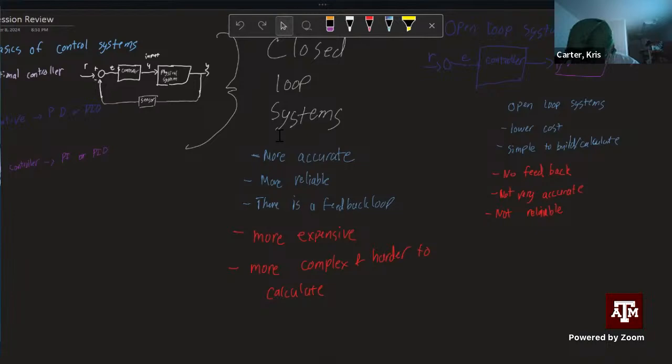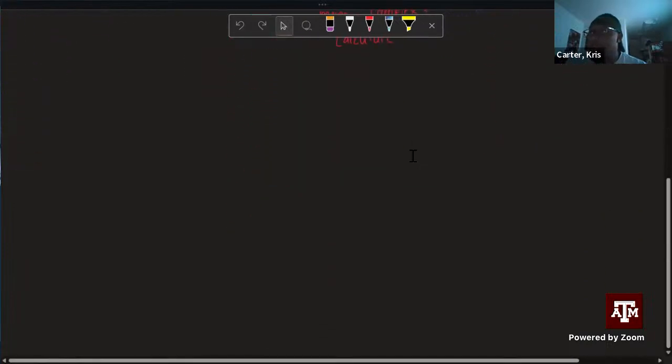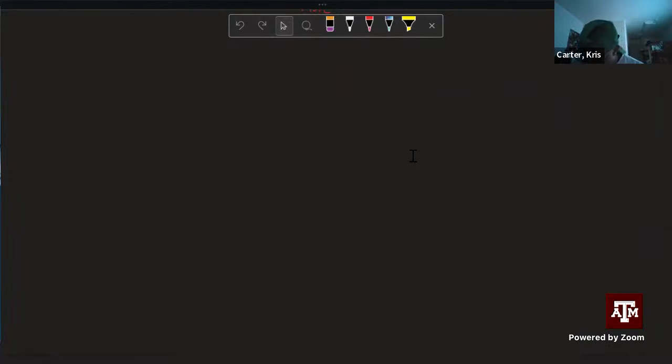Okay, so the example that we were given in class that I will try to replicate here, so please excuse me if I do it incorrectly, was a motor and rod.